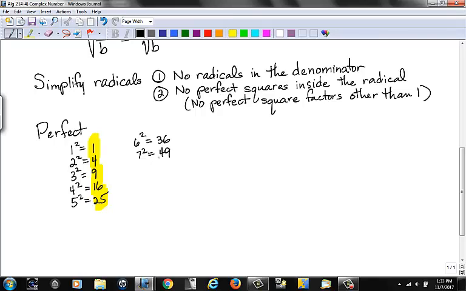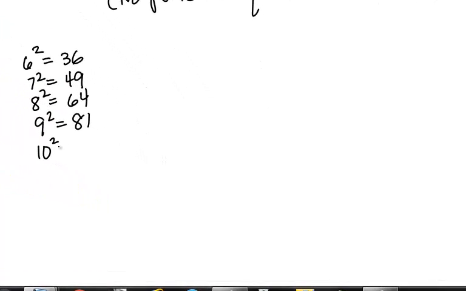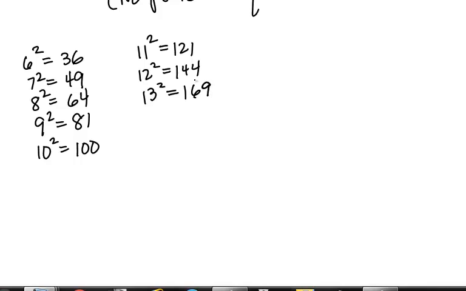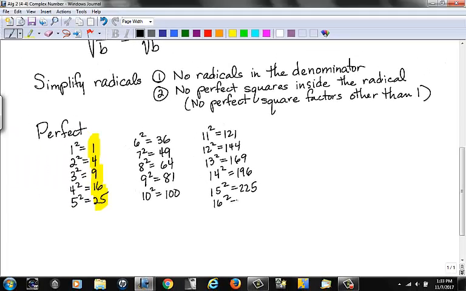7 squared would be 49. 8 squared would be 64. 9 squared would be 81. 10 squared would be 100. 11 squared, 121. 12 squared, and that's probably about where we start. 13 squared is 169, and 14 squared, I'd have to look, 196. 15 squared is 225. 16 squared is 256, and the rest of it you'll probably do on a calculator.